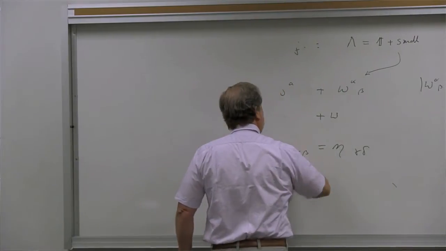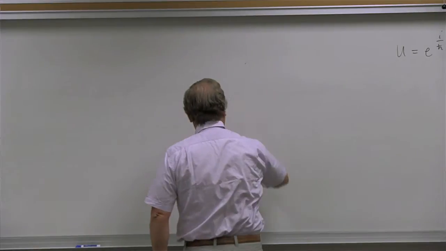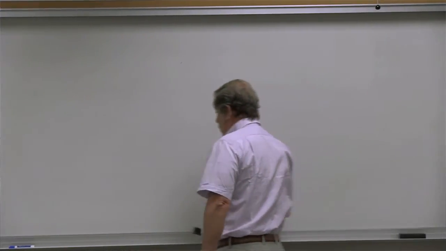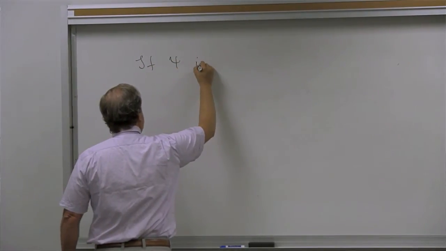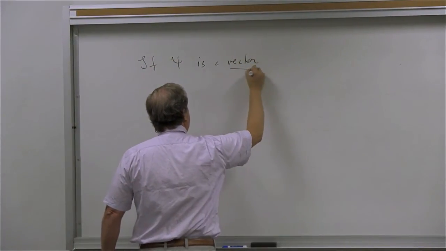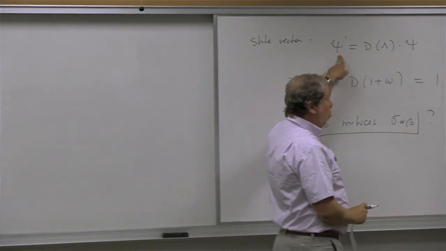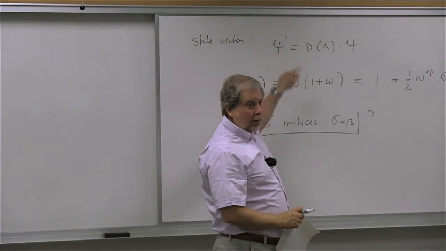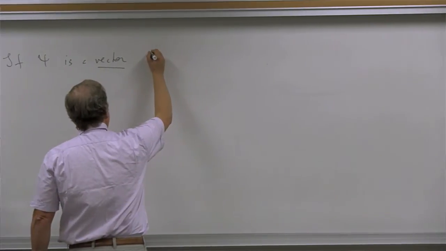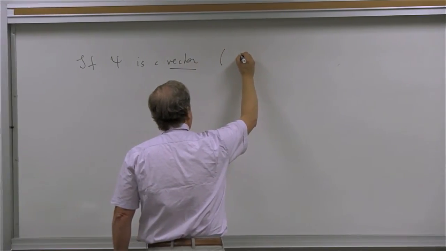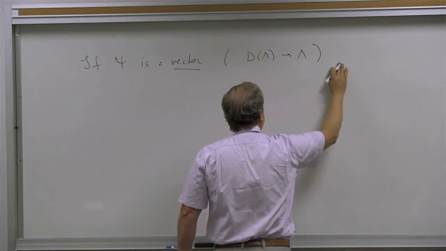You want to notice the following: first of all, if psi is a vector, in other words, just like the coordinate, so it is a 4-component vector, then it is easy to write down the transformation property, because then what we call D of lambda is just lambda itself.